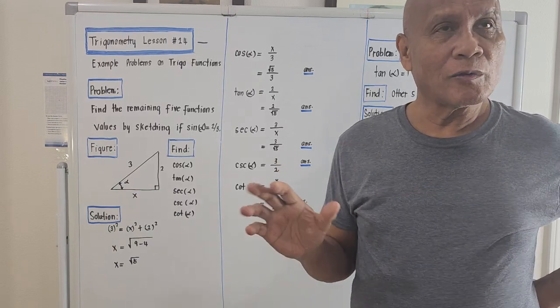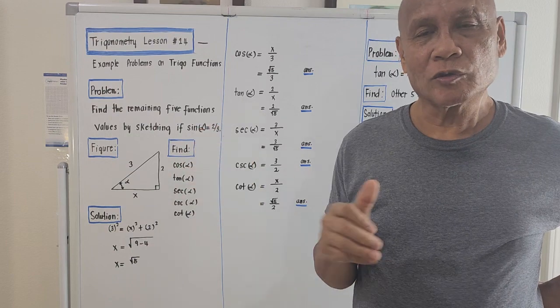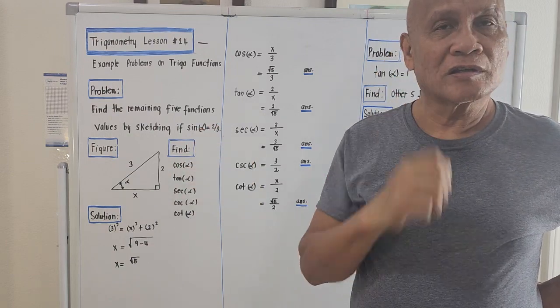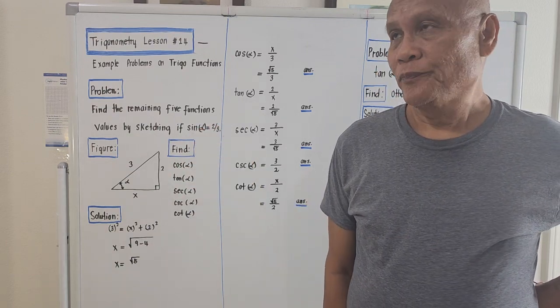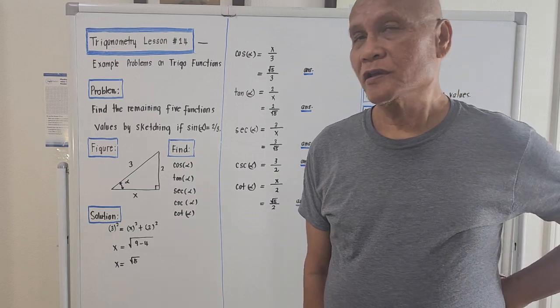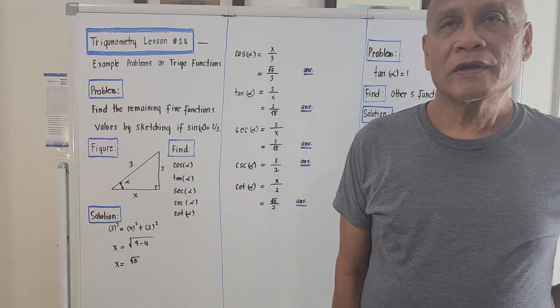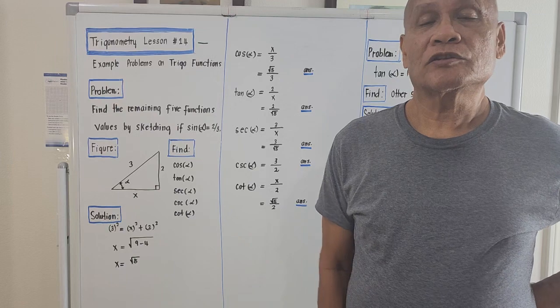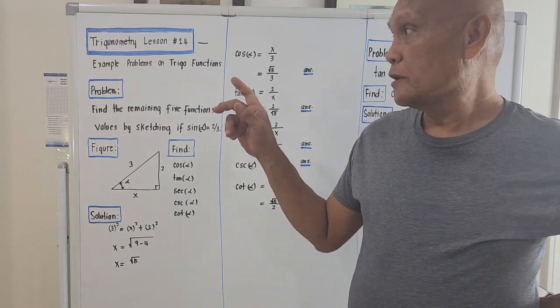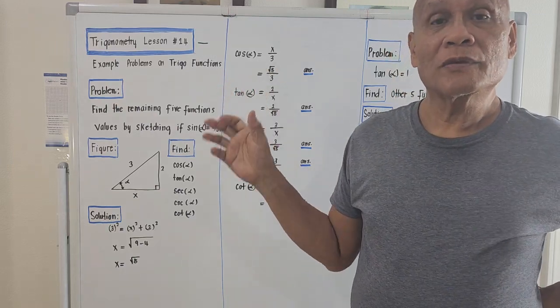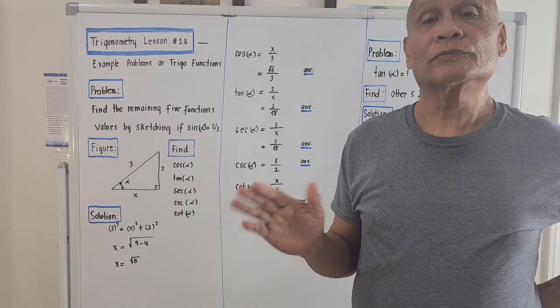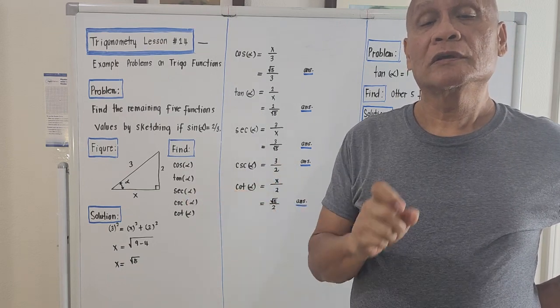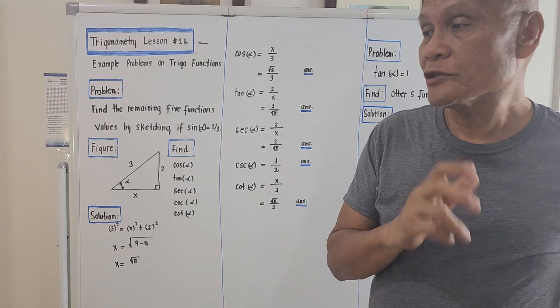The next time around, I will be discussing the continuation of this, that is solving trigonometric identities and proving trigonometric identities. But for this morning, I will be giving you example problems on how to compute for the other functions if one function is given. Okay, let's proceed.